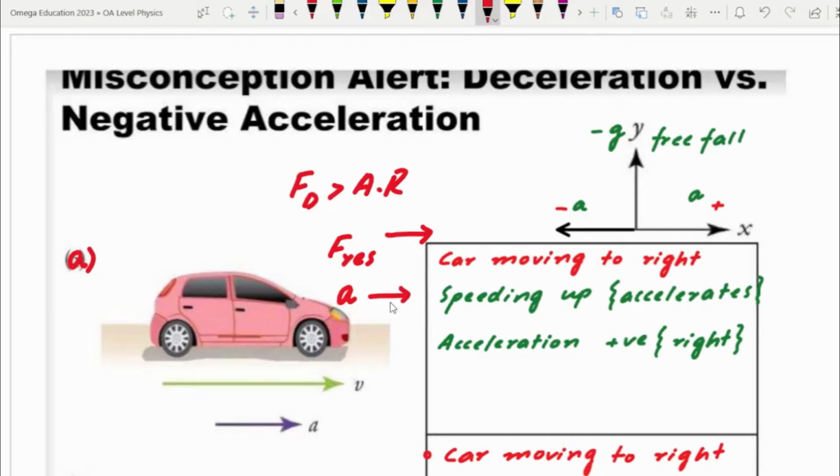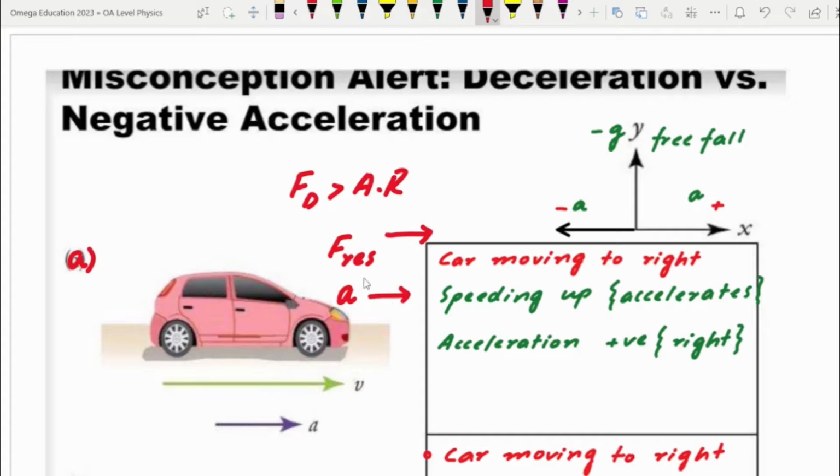Keep it in your mind, you can note it down. Direction of acceleration is calculated from the direction of the resultant force. So if you're speeding up, that means your resultant force is towards the right side, because your driving force is greater than air resistance, only then you can speed up.